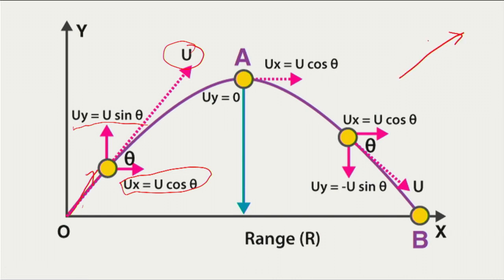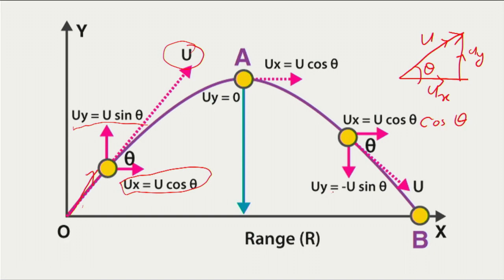So this is U, and this component we consider as Ux. This component we consider as Uy. This is theta. So from here, look at cos theta.